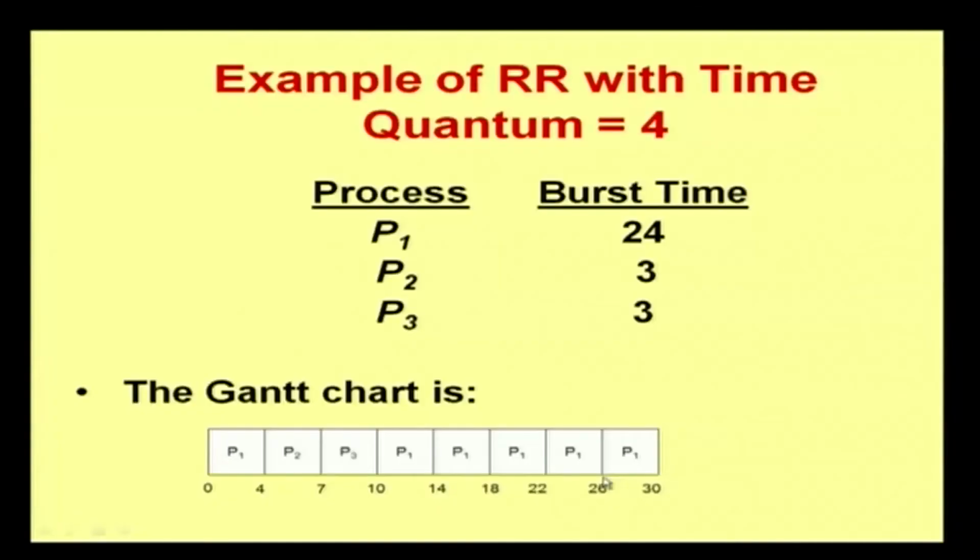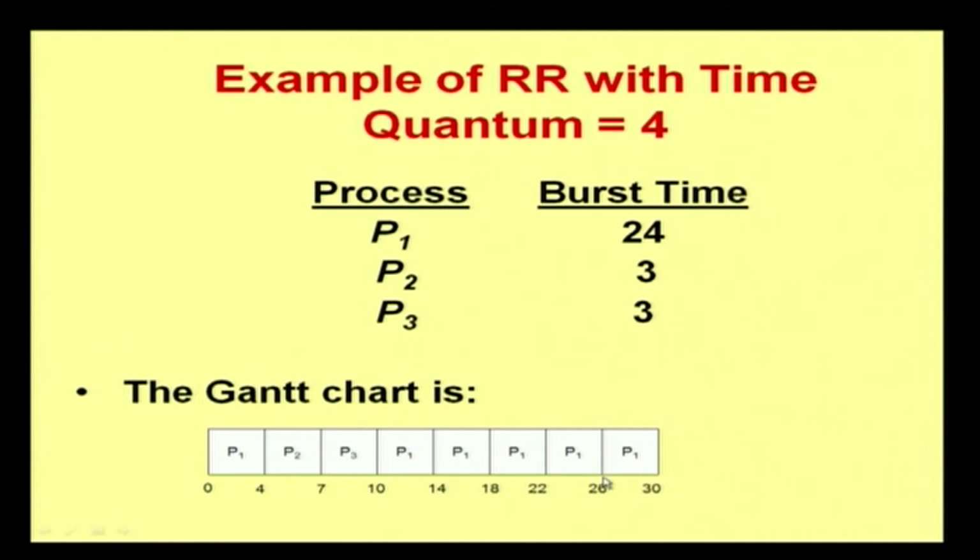So let us see it in the Gantt chart. After P3 at 10, we have P1. P1 takes from 10 to 14, because 4 is the quantum, and again it takes the next 4 from 14 to 18.